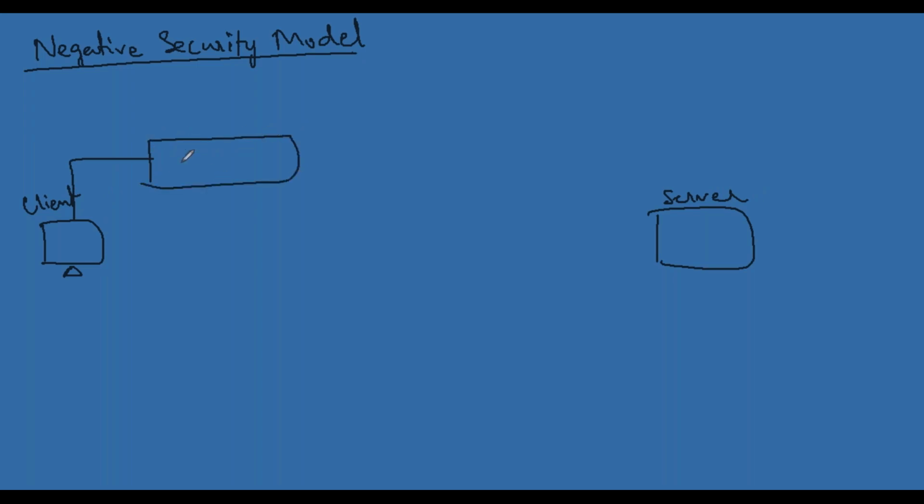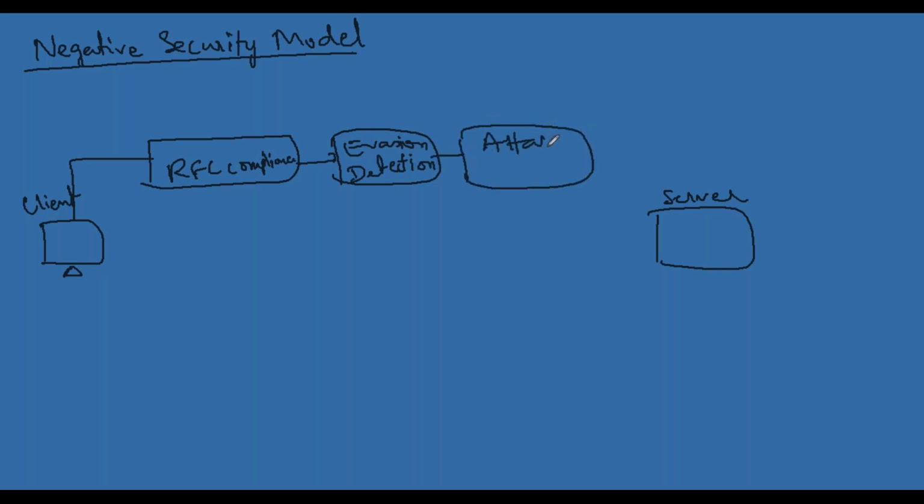Here, you will be defining various components, whether it is RFC compliance, whether it is trying to perform any evasion, or if the request is matching any attack signatures. Then it reaches the server.